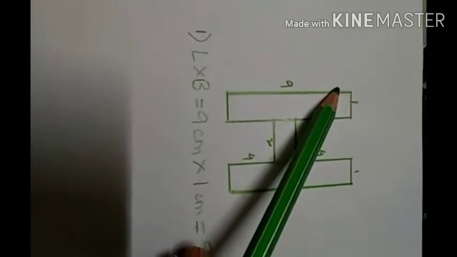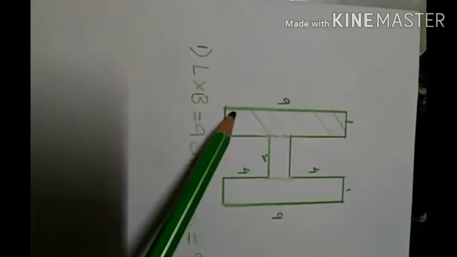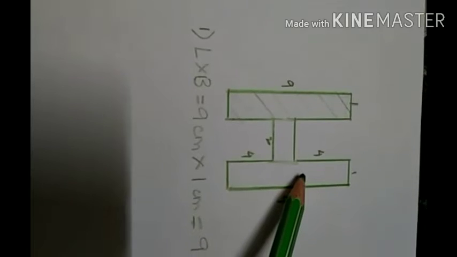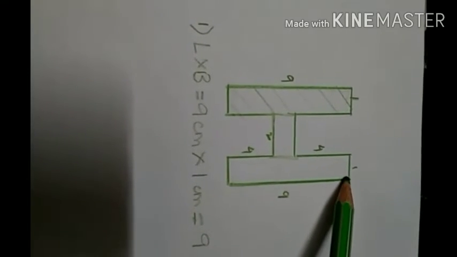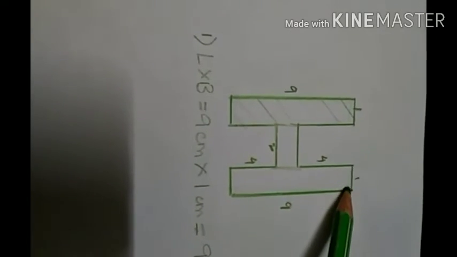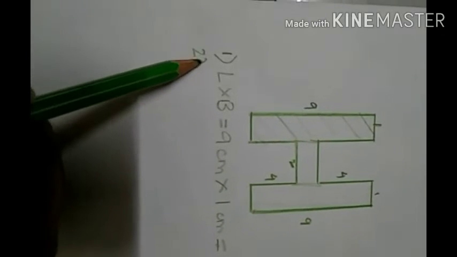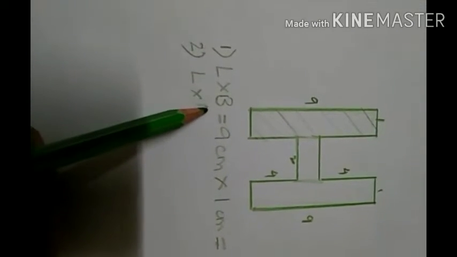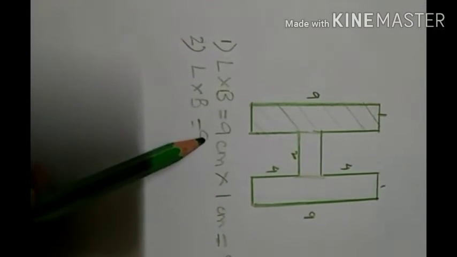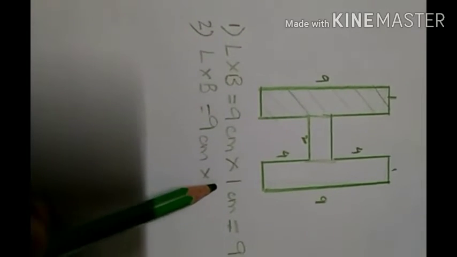That was this rectangle. Next we come to the second rectangle. Length 9, breadth 1. Same way, length into breadth equal to 9 cm into 1 cm equal to 9 square centimeter.